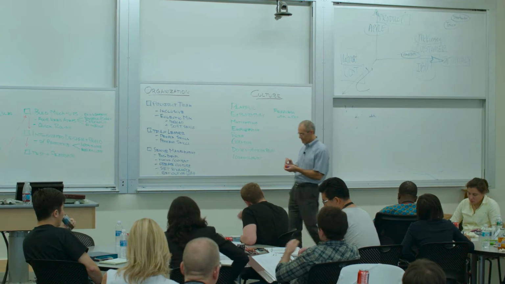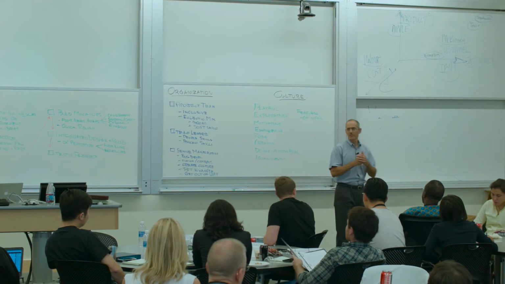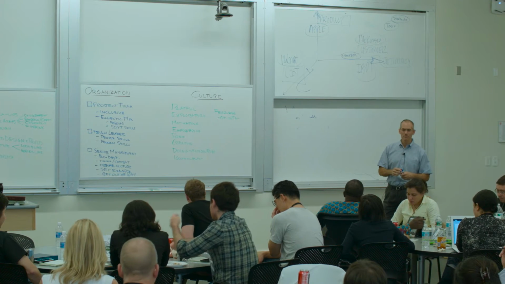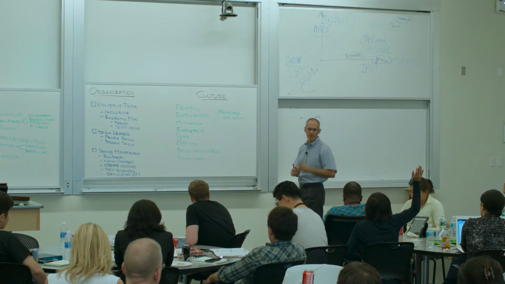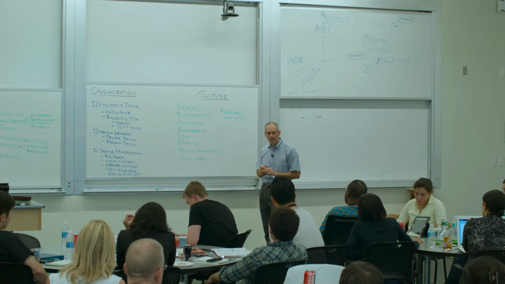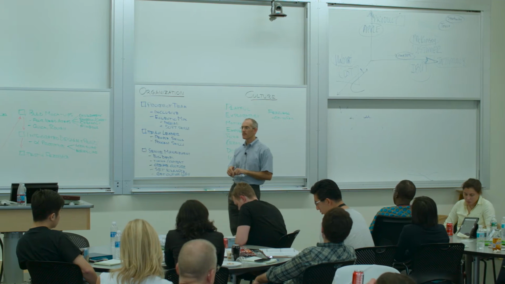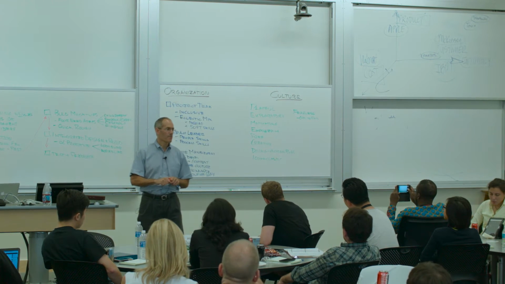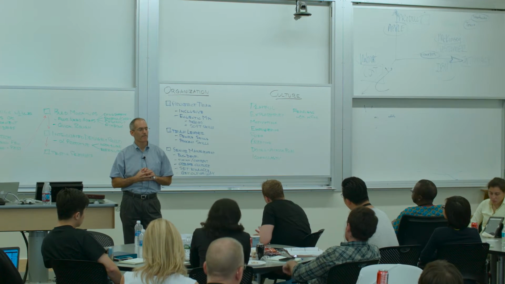So let me ask, how does this culture support that organization? I think the culture is really strong. It bonds them together. I think it's a very unique environment for innovation.